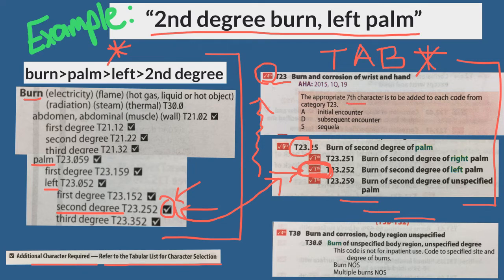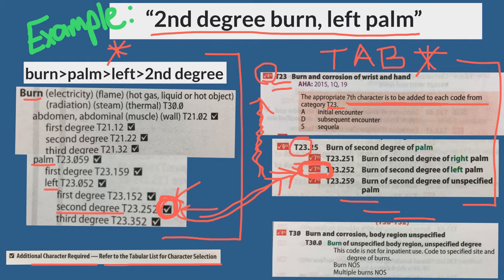The appropriate 7th character is to be added to each code from category T23. So we're getting lots of reminders. The alphabetic index is telling us to check for an additional character. The code in the tabular list is telling us to pull in a 7th character to make this a valid code. And the category is telling us to pull in the 7th character for any code within this category.